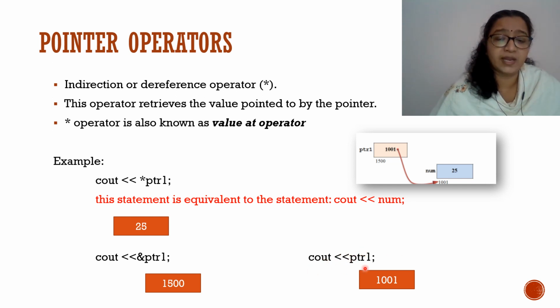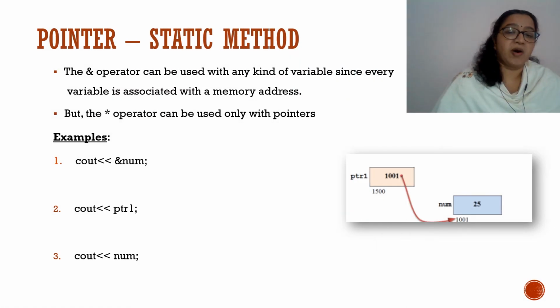Same as a normal variable. If you are using a normal variable, the content of that variable will display. So cout PTR1, what is the content inside that? 1001. So we will get 1001. Clear? Okay. Next is pointer in static method itself, but some more examples are there.